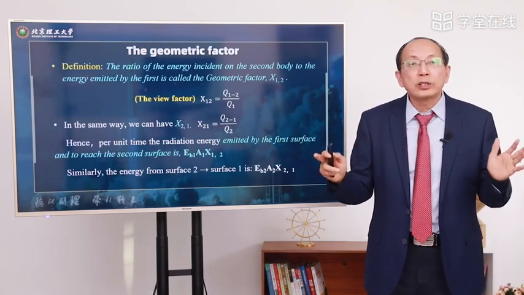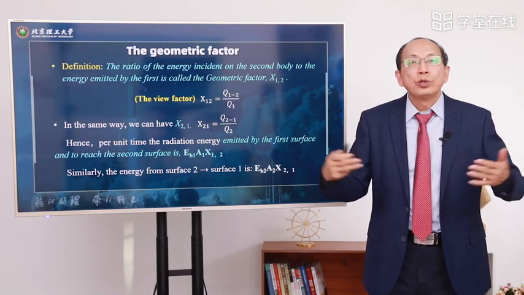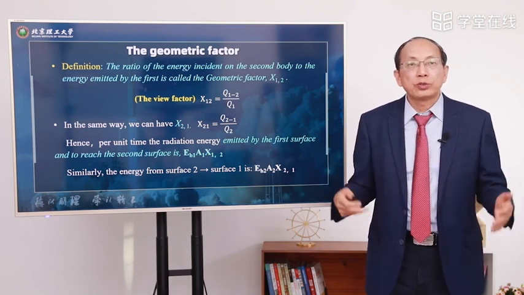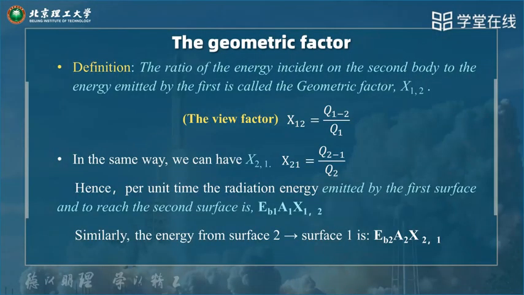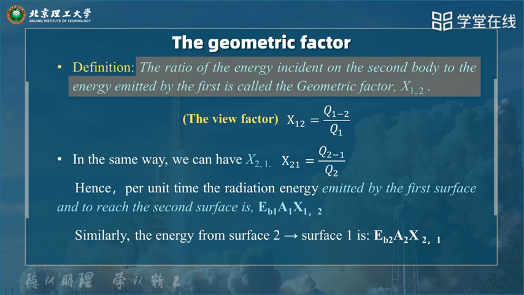In these two surfaces, how do we calculate the heat exchange? Before this, we give some definitions, the geometrical factor. The definition is the ratio of the energy incident on the second body to the energy emitted by the first, called the geometrical factor. We express it as x1 to 2.